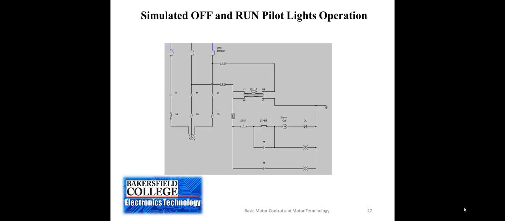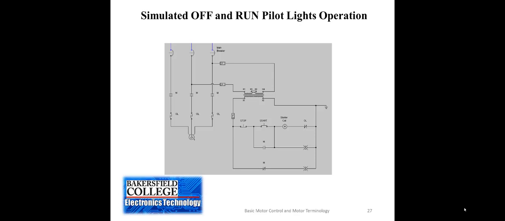The green pilot light will turn on until that coil in the motor starter is energized. At that point, because the coil is energized, the normally closed M contact with the green pilot light will open up and the green light will come off.